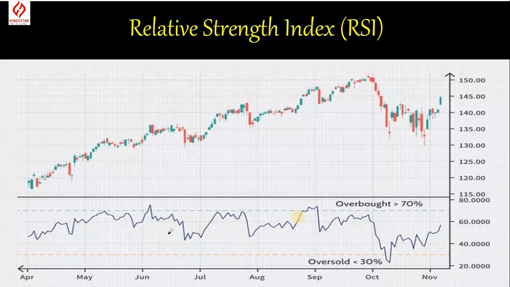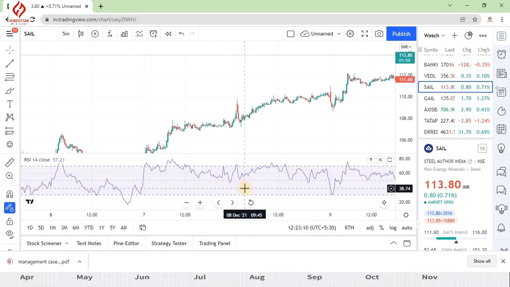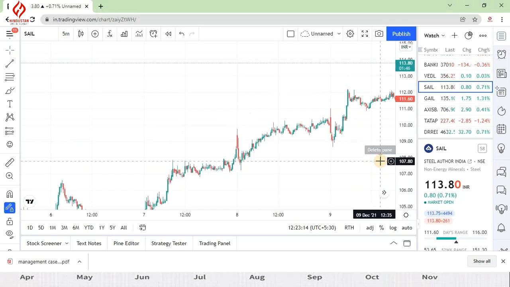So it looks like this. See, this is your RSI indicator. This is the 70 reference level and this is the 30 reference level, and RSI moves between these two levels. Okay, let me show you how to plot the RSI indicator on your chart. First let me remove this indicator.